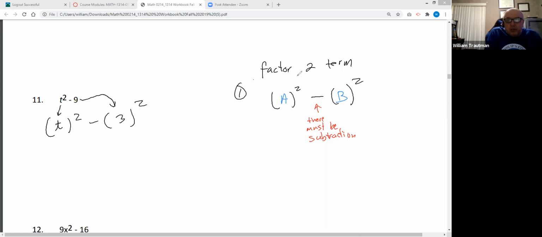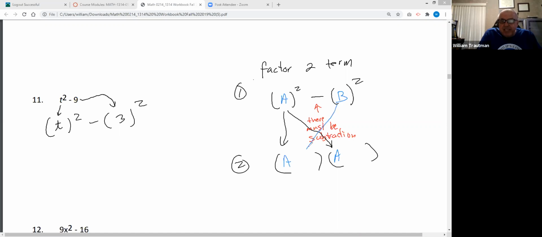Step number 2. By the way, there's only 2 steps to this factoring. Write down 2 parentheses. The A's go into the first spot. The B's go into the second spot of each parentheses.